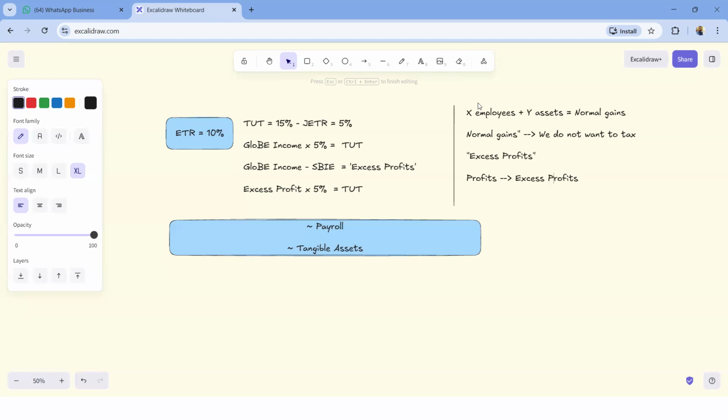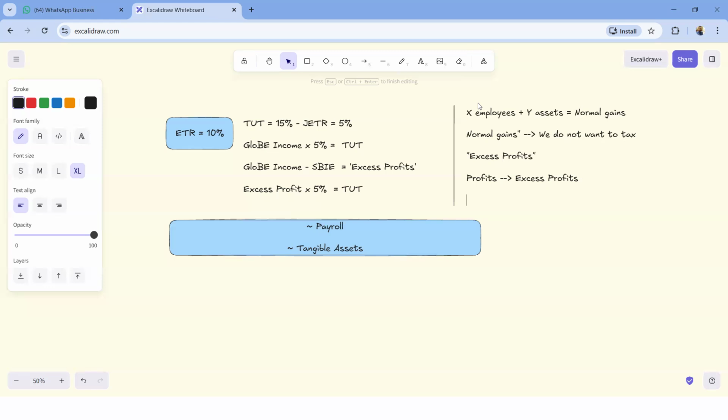But if you are employing people and doing a legitimate business activity, you should get normal gains. The whole framework is not anti-capitalistic, that you have to tax everything. No, you should enjoy normal gains.